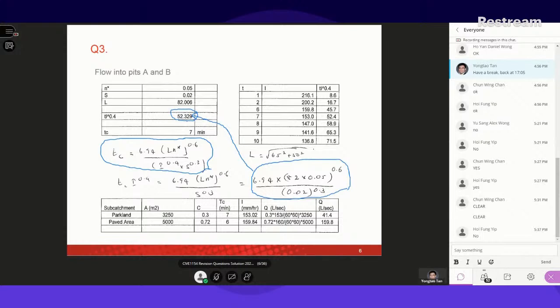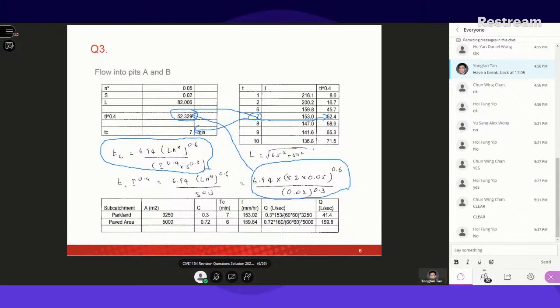Using this, you can see it is around 52.4, so you can find that the time is 7.